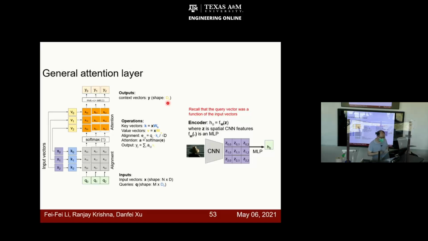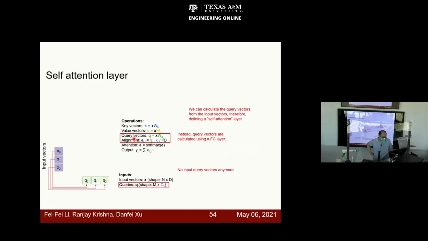That's what we are doing, where Z is the spatial CNN features and f_W was an MLP. So now it's much more simple. It's just a dot product, but the calculation of the alignment and the attentions are now more general because I don't use x directly. I use keys and values, which are to be learned. And so that's what we talked about before, okay?